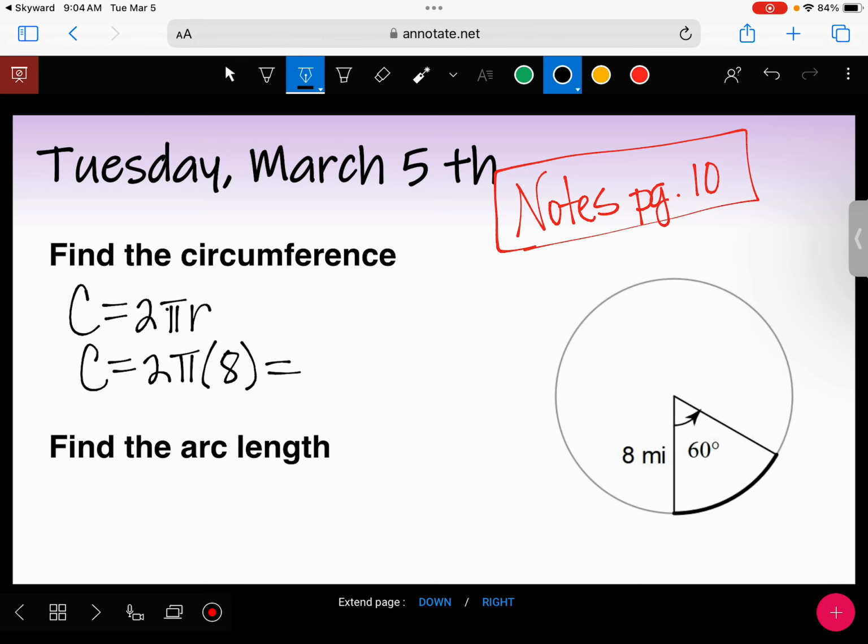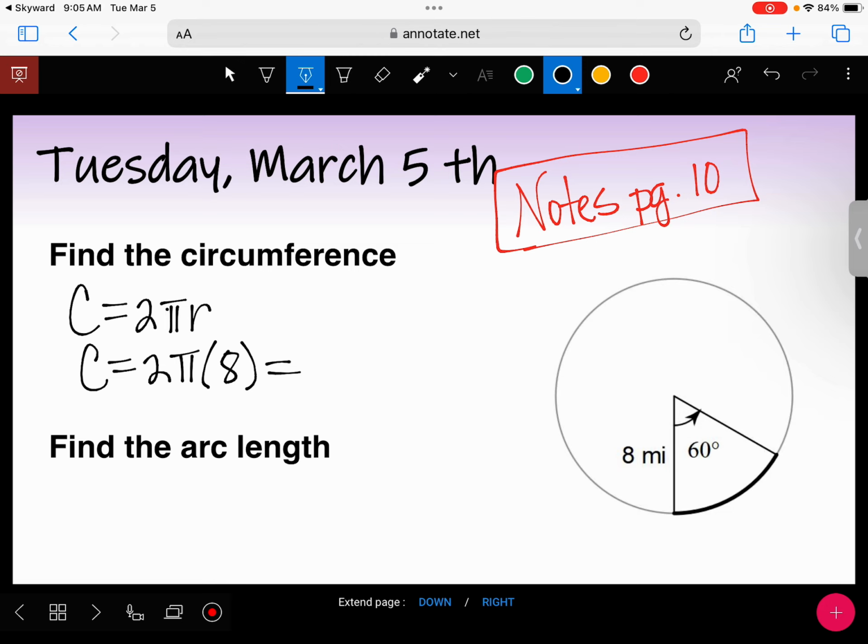So 2 pi 8 would be, what did you get? 60. What did you get? 60. Not 60. So it should be 2 times pi times 8. And then it should be a number above. Okay, enter. And then you have to hit this.